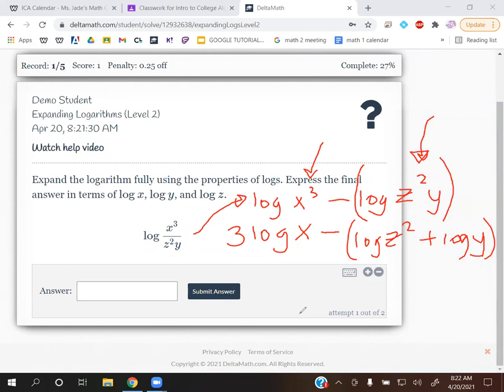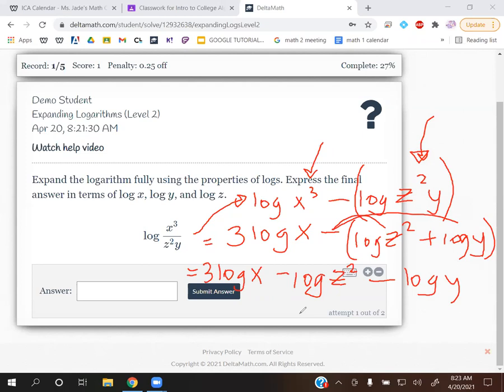And then from there, we must distribute that negative sign. So I'm just gonna distribute. So we have 3 log x minus log z squared. And then minus again log y. So I've just distributed that minus sign.